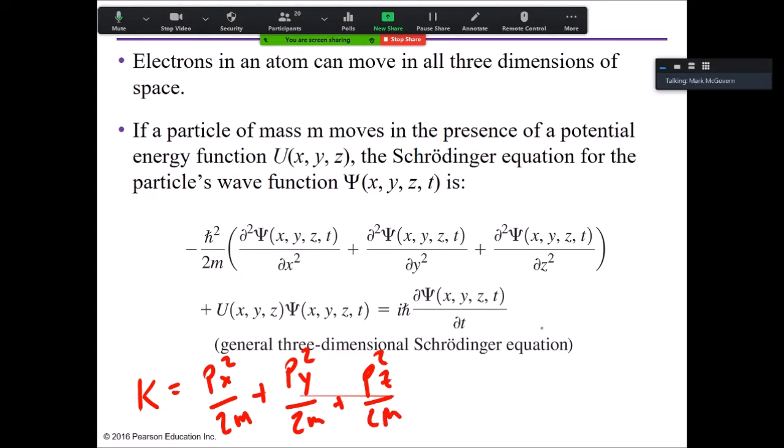And recall that for any given dimension, which I'll just label to be sort of s here, we have the Planck constant over 2 pi times a value for k, but that k is going to have a subscript. That's the wave number for that particular direction.